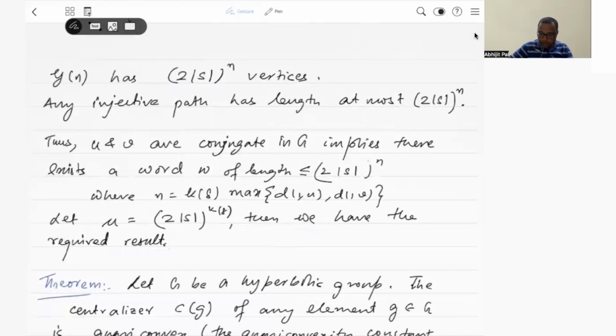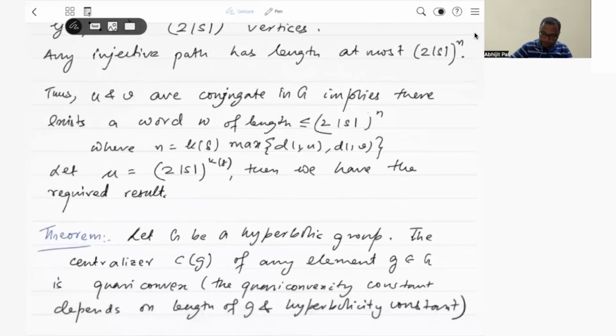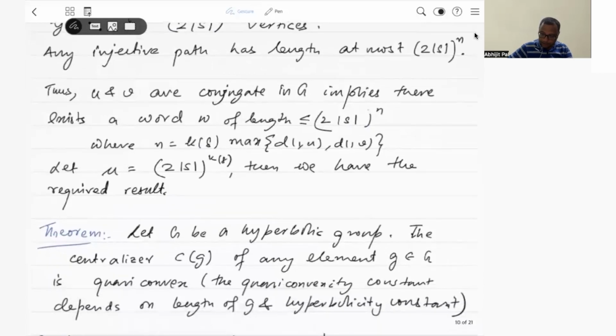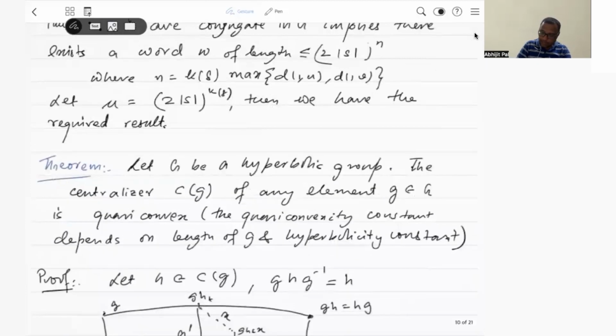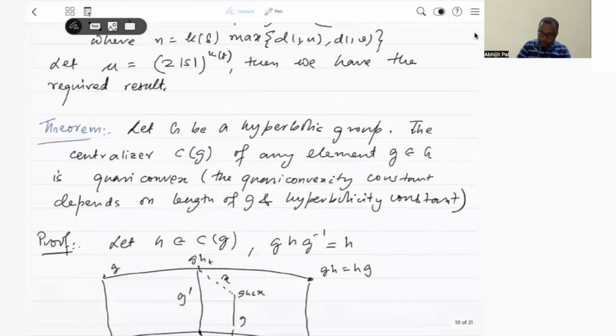Okay. So now using this, we'll prove that the centralizer of an element of a hyperbolic group is quasi-convex. Let us start with a hyperbolic group G, and let C(g) denote the centralizer of the element g.